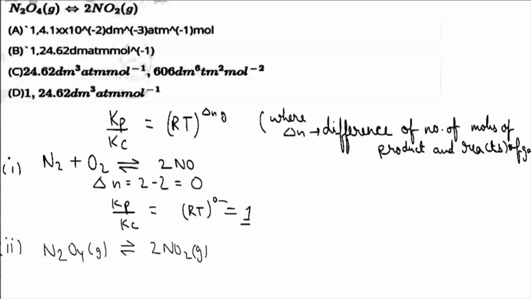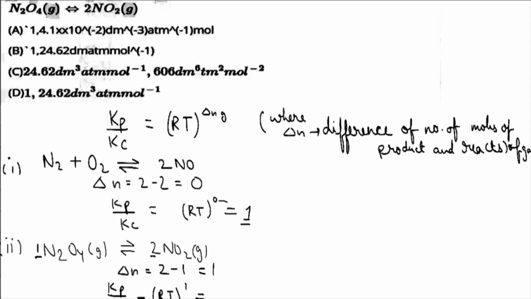Here also we can see that N2O4 is gaseous and NO2 is also gaseous. So the value of delta n is equal to, the product has 2 and the reactant has 1, which is 2 minus 1, equal to 1. So Kp by Kc is equal to RT to the power 1.